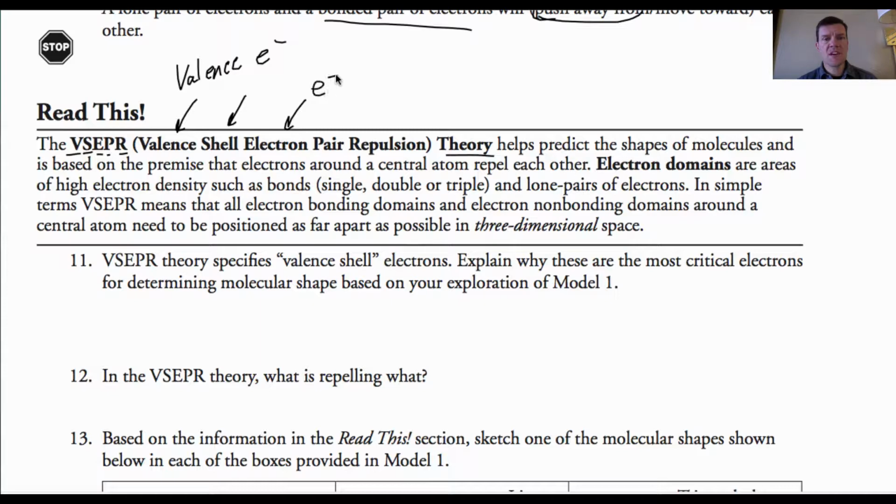Electrons, we obviously are talking about electrons. Pair, electrons are going to be in pairs. If you think all the way back to a previous video where we talked about electron configurations and orbitals, orbitals are filled with 2 electrons each. That's when they're full. And then if there's more electrons, they got to go to another orbital. So we're talking about pairs of electrons.